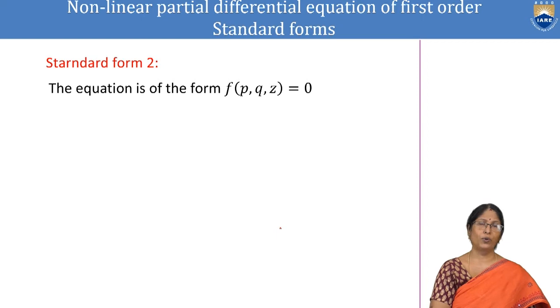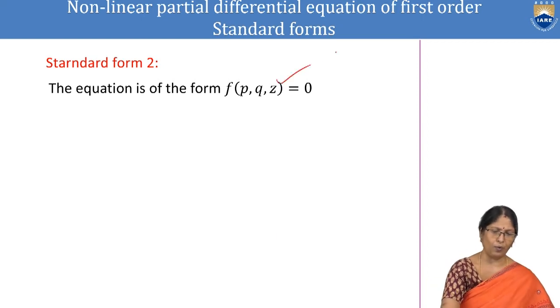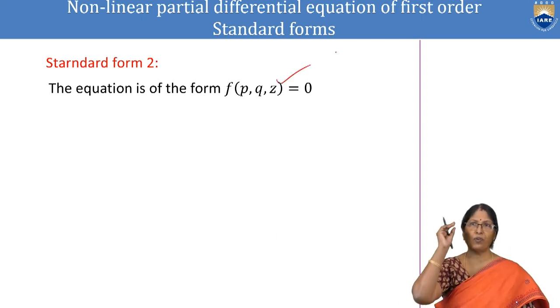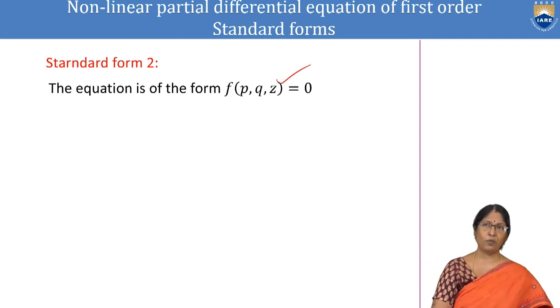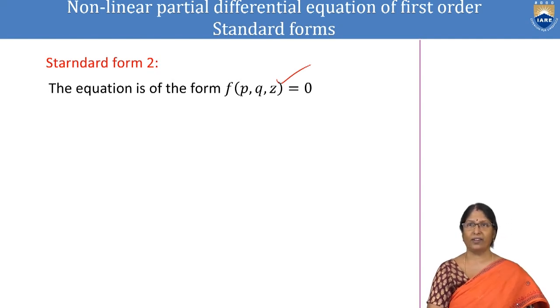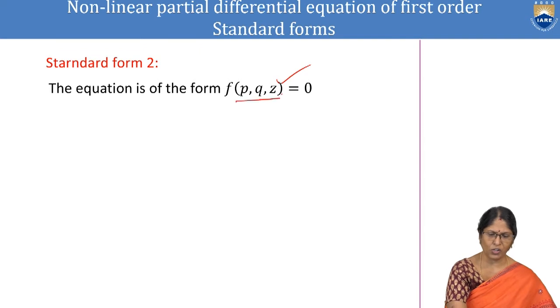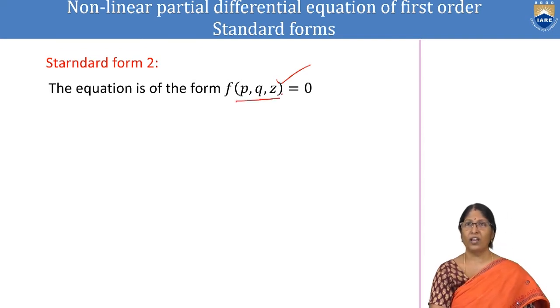Standard form 2: the equation is of the form f of p, comma q, comma z. Among the 5 variables, x and y are neglected. Only these 3 should dominate in our given equation. Then it falls under standard form 2.